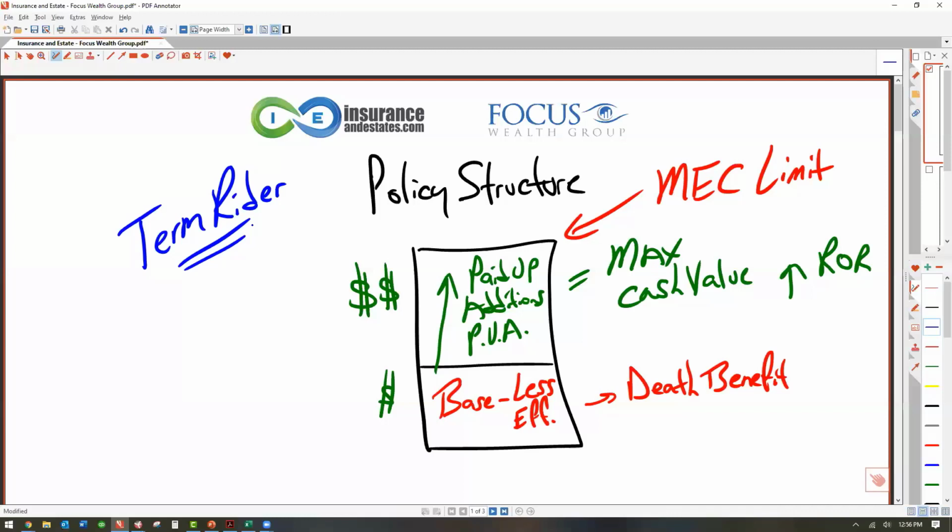But we can add a term insurance rider, which has either no cost or very little cost, for roughly 7 years. Then the MEC limit is raised, and they can get that extra cash into the policy. The term rider is another tool that we use to make these policies more efficient.